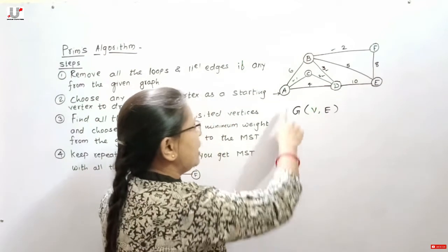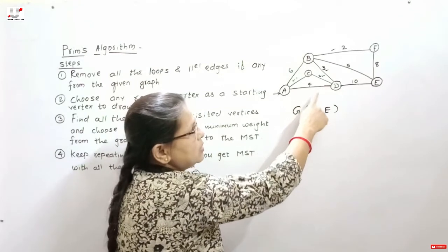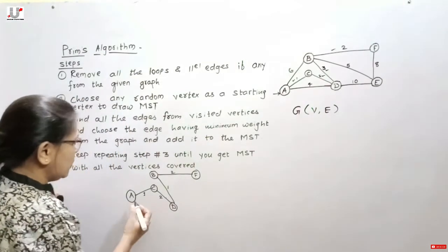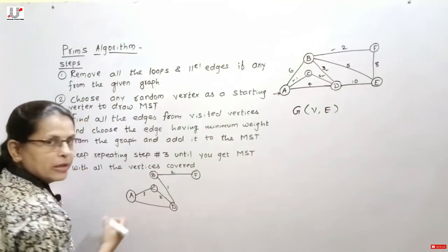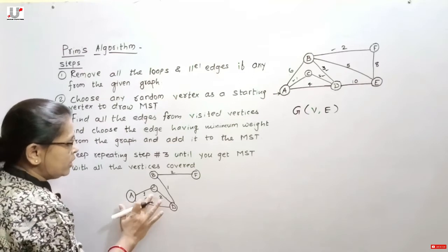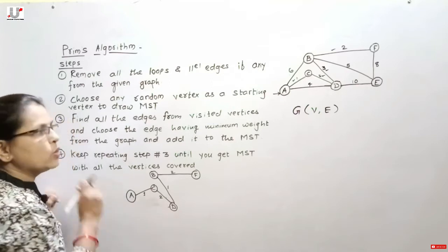So here A to D is an edge with weight 4, but if we include the edge A to D, it forms a loop. So we skip that edge, don't include it in the MST.